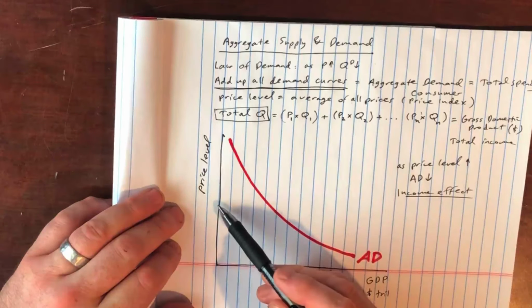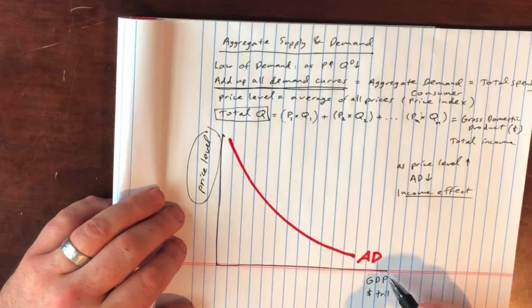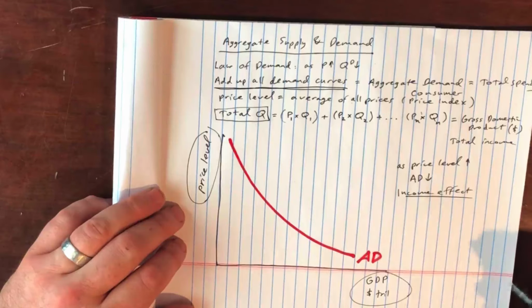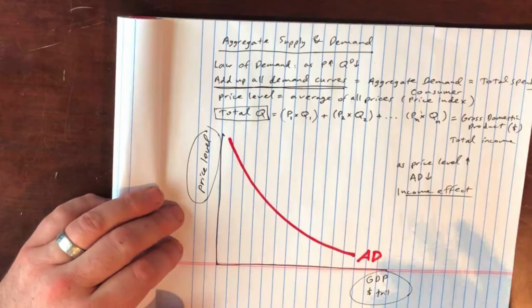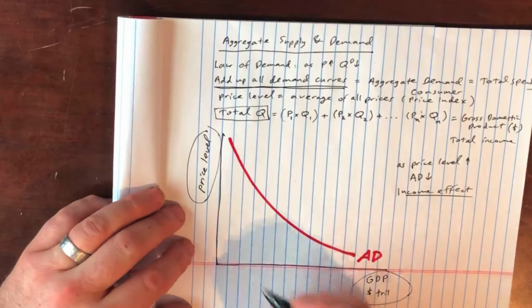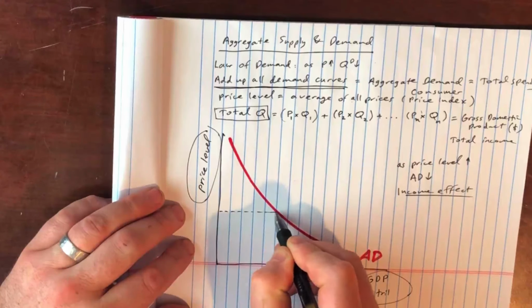We've just changed what's on the axes. Okay, we've got price level, and we've got GDP instead of having P and quantity, right? P and Q. All right, so aggregate demand. Let's see what numbers we would put on here. Okay, let's say that we start off at a price level of 100.